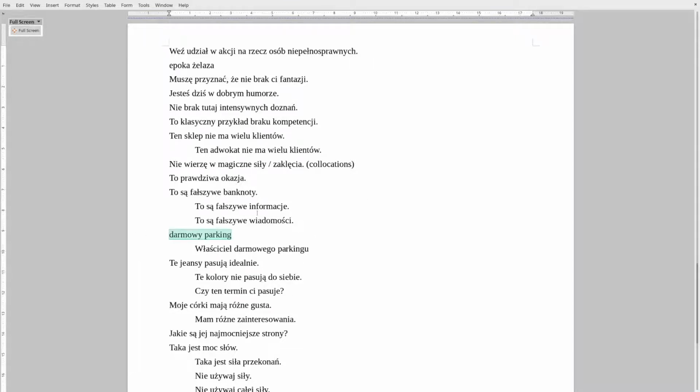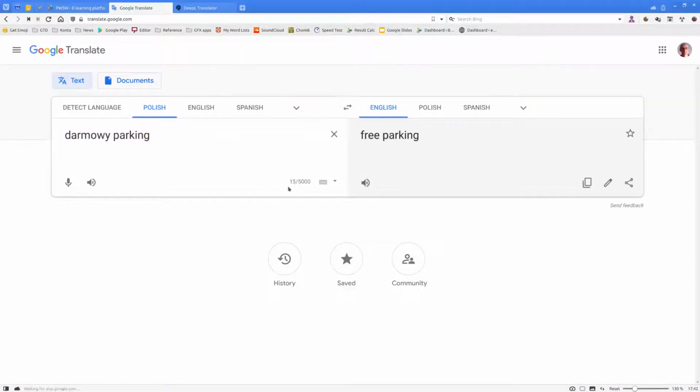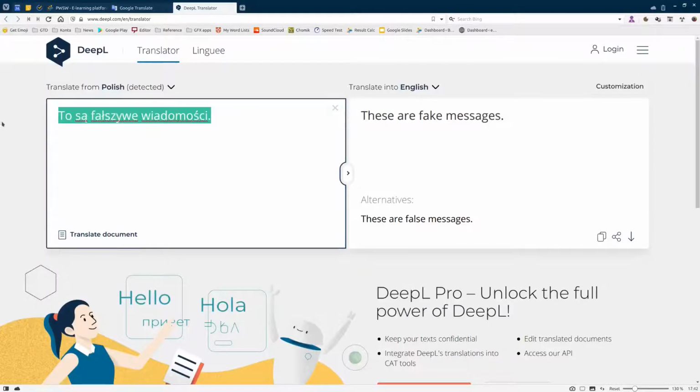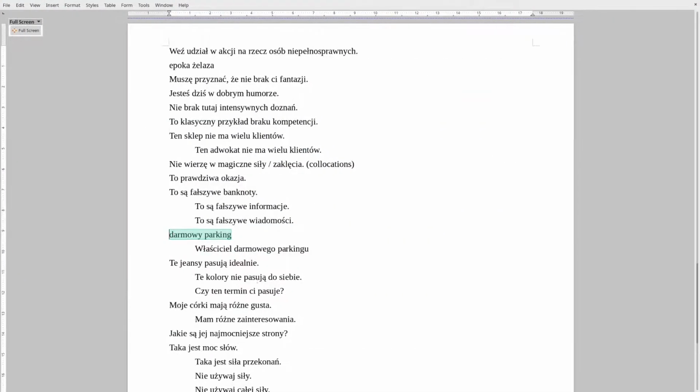Darmowy parking. Free parking. Okay. But właściciel darmowego parkingu.